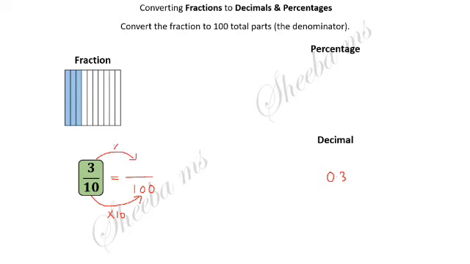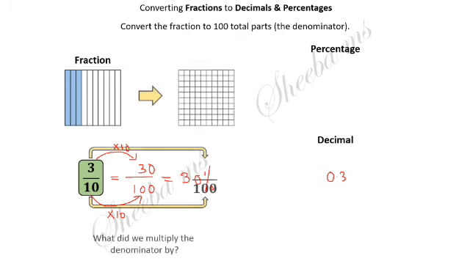So 3 multiplied by 10 is 30. So we got 30 by 100, which is 30 percentage.